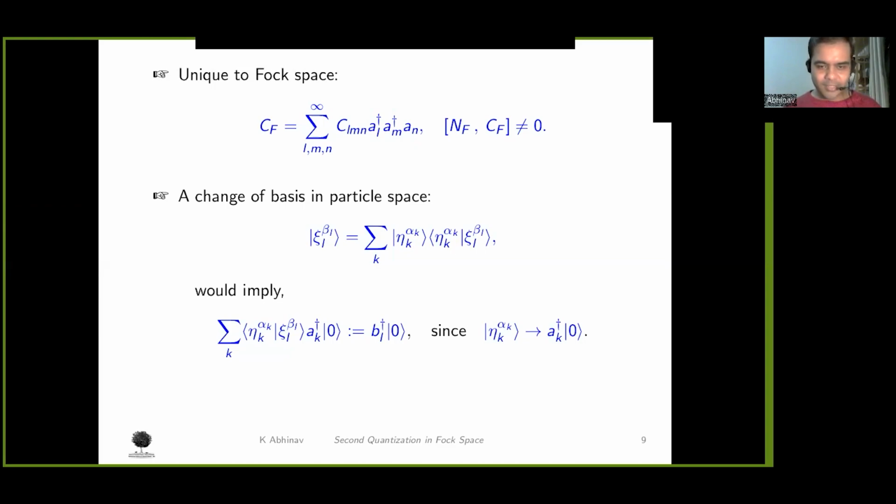Because these creation and annihilation operators in Fock space, their labels can vary continuously. What I am saying is that k can have values which are very close together. They can represent even momentum physically. So they have a continuous description, and because of that, they are representing particles which have continuous distribution.